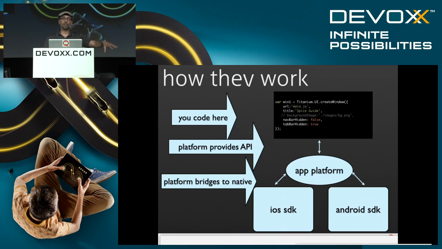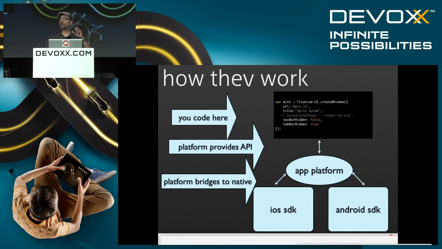So they write Objective-C code that allows us to do titanium.ui.createLabel against Cocoa Touch on iOS, and then they write the same code on Android in Java, to go and do, when you call ti.ui.createLabel, down in the native Android layer, it'll do a new com.android.ui.label or whatever and pass it the properties.